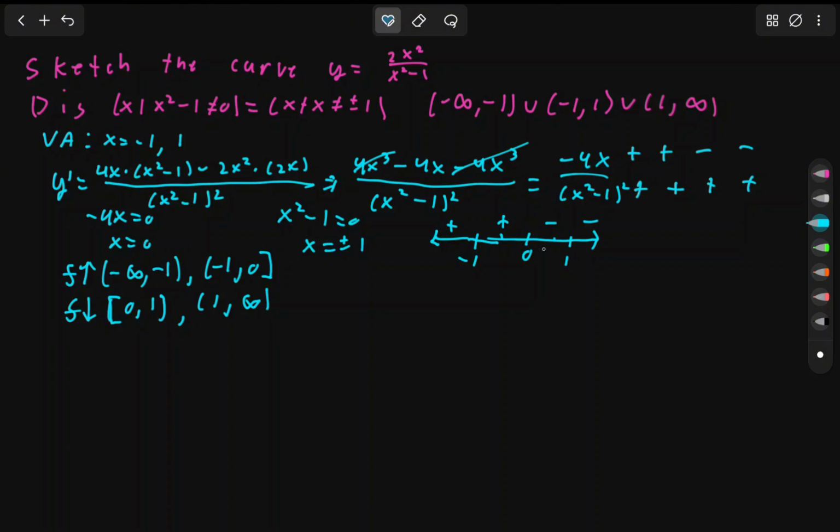So at x equal to -1, because the sign does not swap, this is a shelf point. It just goes from increasing to increasing, and it doesn't really have a maximum or a minimum there. At x equal to 0, there will be a maximum.